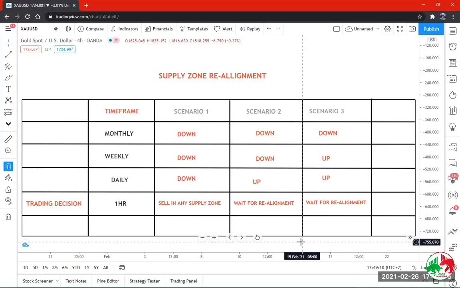We are looking for the monthly to be, let's say in a case of a bullish scenario, bullish. Then on Monday, obviously the weekly candle is still forming, so you wouldn't know exactly if it's going to be bullish or bearish because it's still Monday.